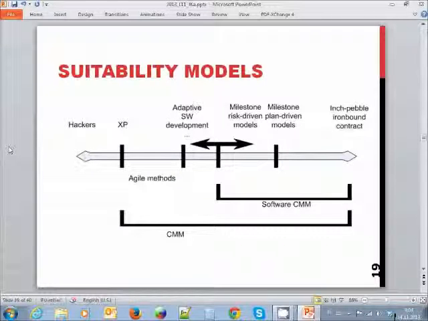So there's a couple of models for suitability. They sort of give you an idea where the adaptive methods or agile methods lie on the scale. This is a more simplified model. This basically is a model based on the amount of design before implementation, or planning before implementation.